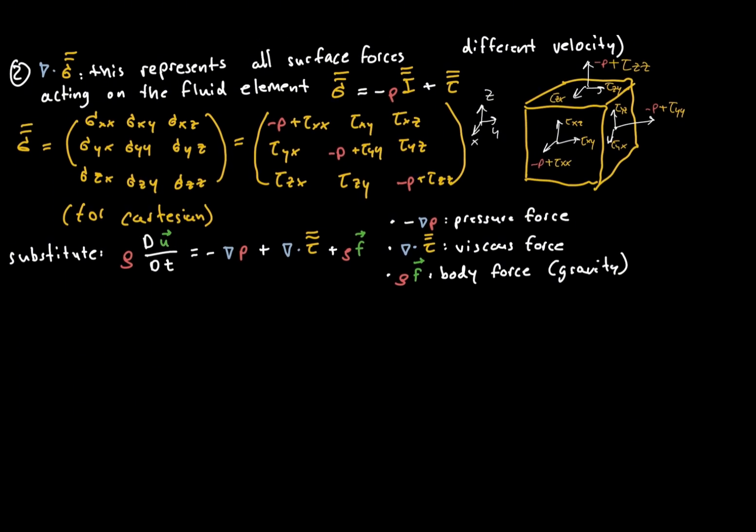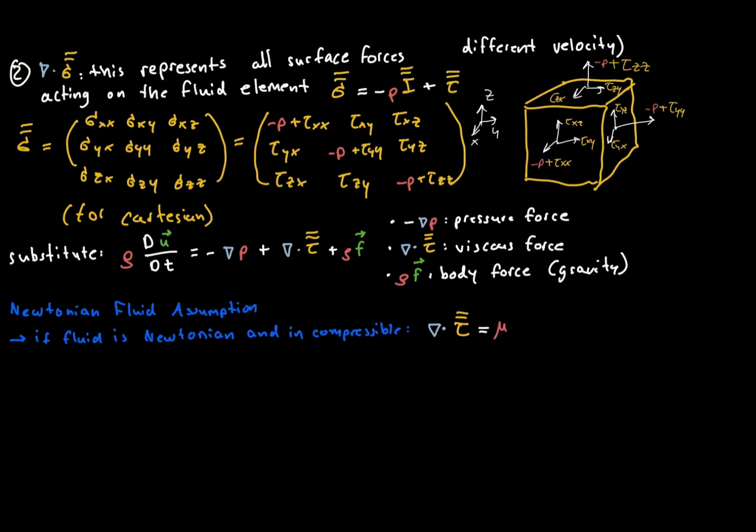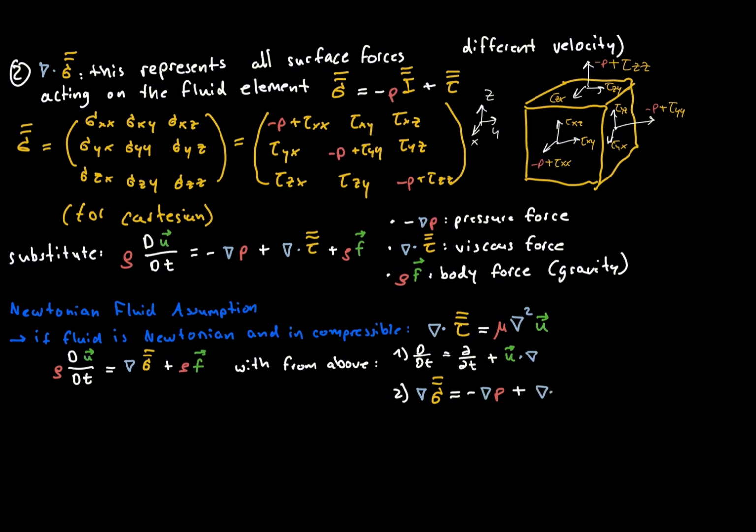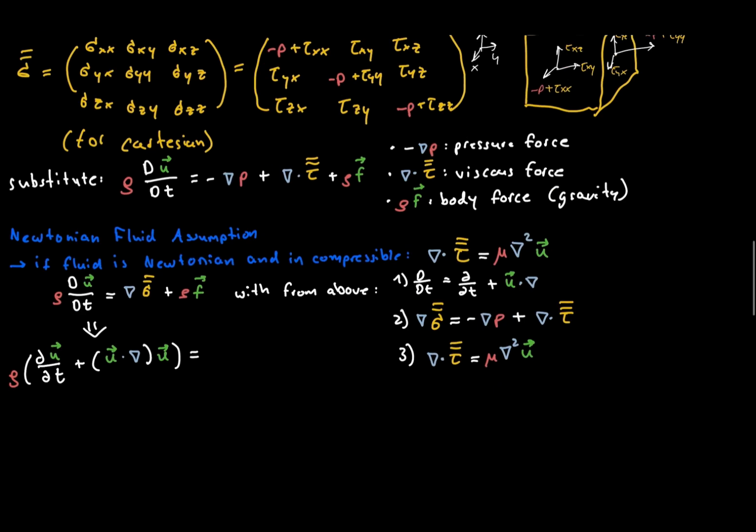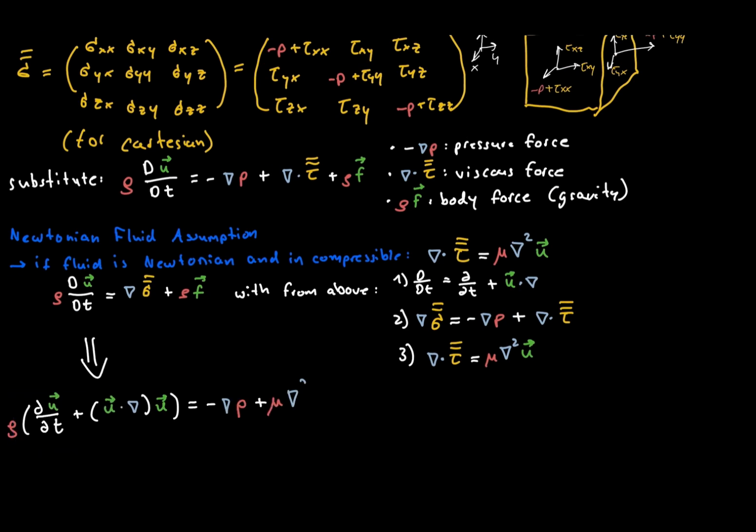If the fluid is Newtonian, incompressible, and has constant viscosity, the divergence of tau simplifies to mu times the Laplacian of u. Under those assumptions, the equation becomes rho times partial u over partial t plus rho times u dot gradient u equals minus gradient p plus mu Laplacian u plus rho f.